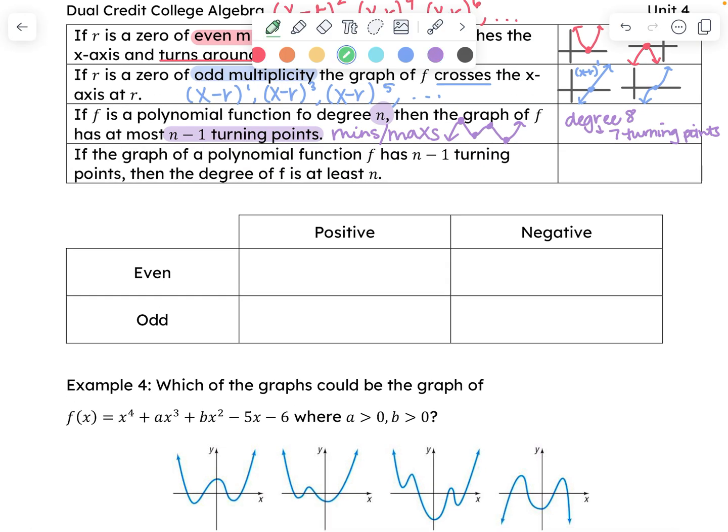If a graph has n minus 1 turning points, if it has a certain number of turning points, then you can add 1 to figure out what the degree is. So let's say that we have, I'm just making up numbers here, 12 turning points. Then I can add 1 to get 13 as the degree.